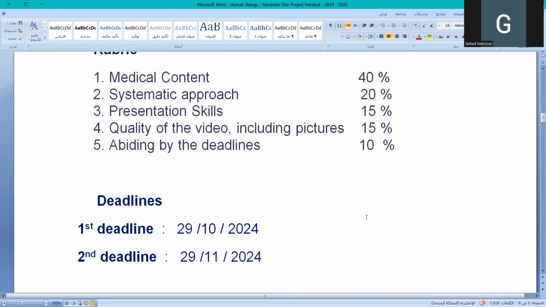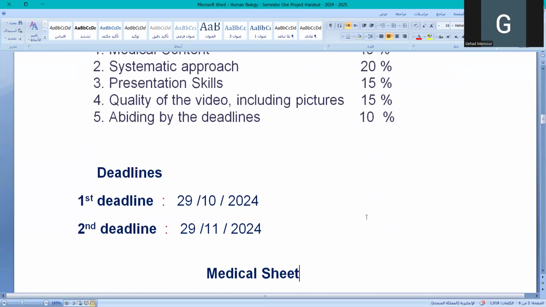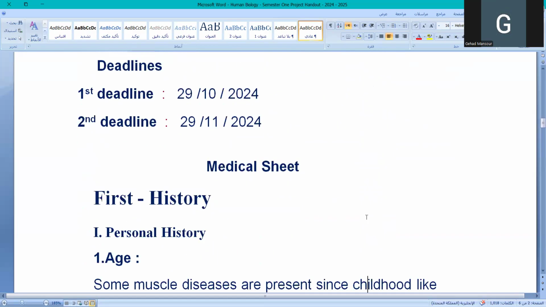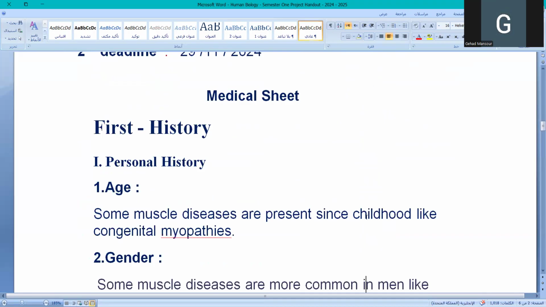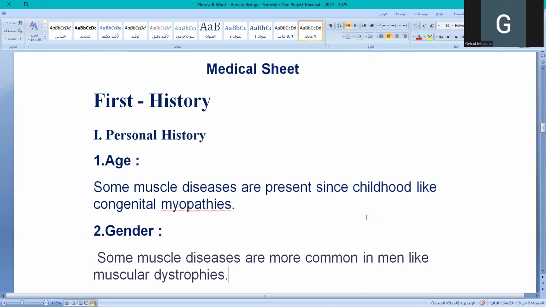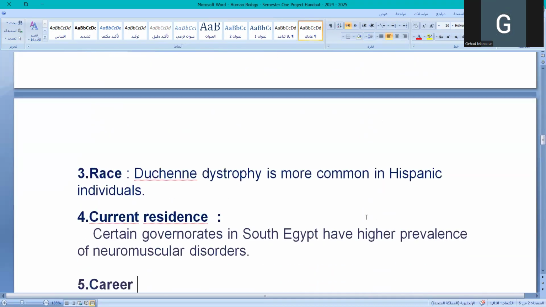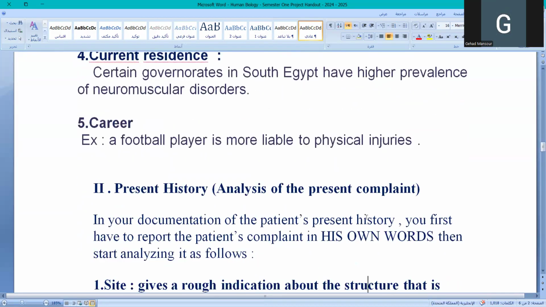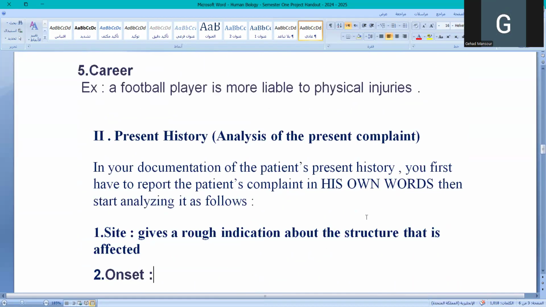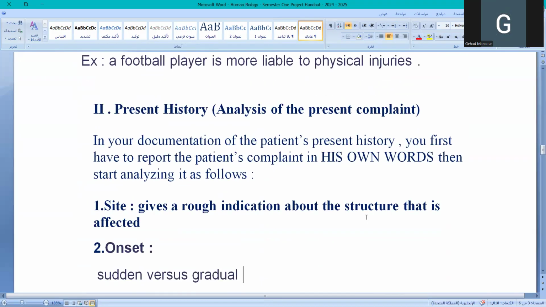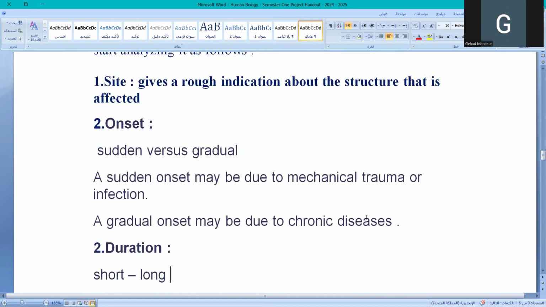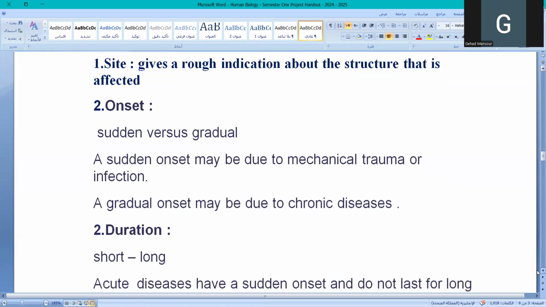Another football player kicked his knee joint, or the person fell on the ground and injured his knee joint, or there was a trauma to the muscle, and so on. So the site is important, especially if we're talking about pain. The onset is important. A sudden or acute onset might be due to a mechanical trauma or an infection, and a gradual onset might be due to a chronic disease.